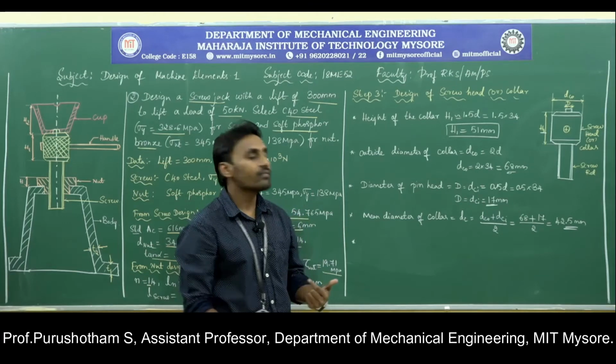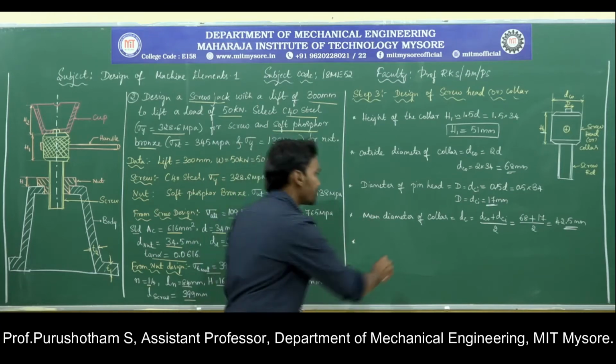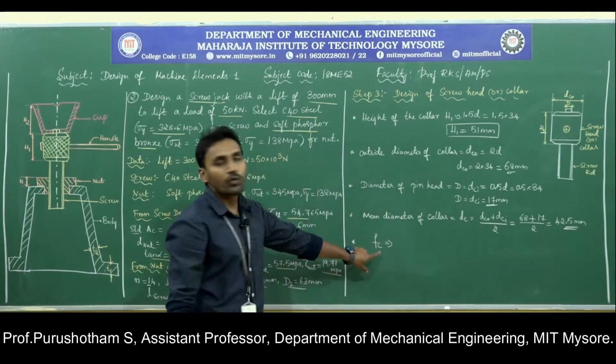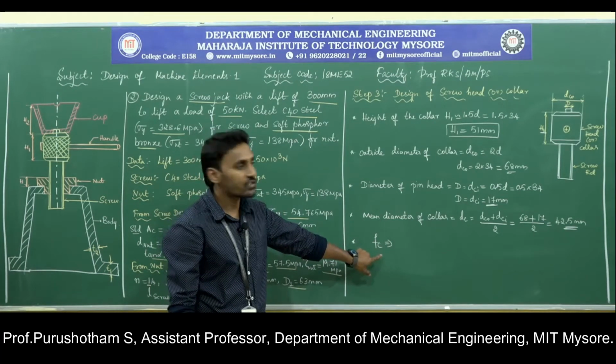Other than this, to solve the problem, that means to calculate the torque as well as the efficiency, we need another data for this screw head, that is FC, the coefficient of friction for the collar.